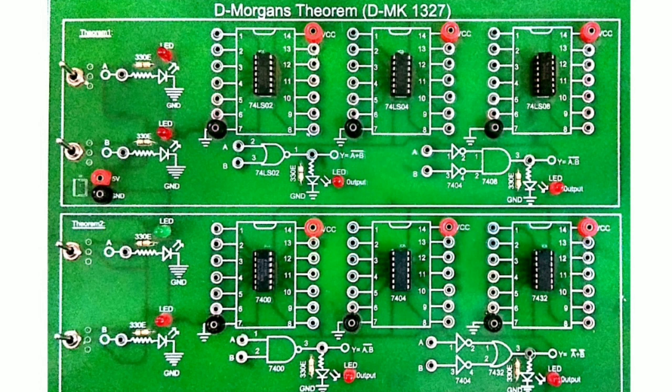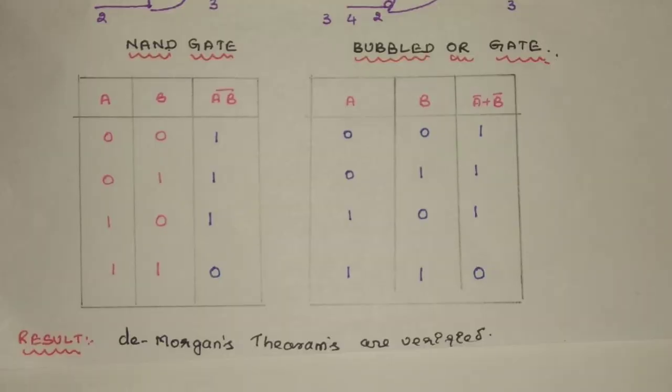The output is to be connected, and we can verify the truth table by using the appropriate input and output values. So when we connect accordingly, the truth tables are verified for the first theorem as well as the second theorem. Hence, De Morgan's theorems are verified.